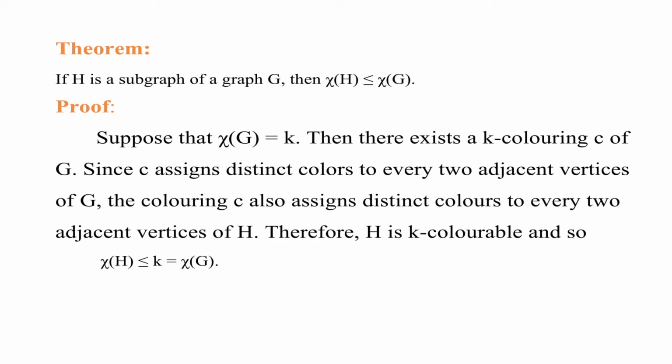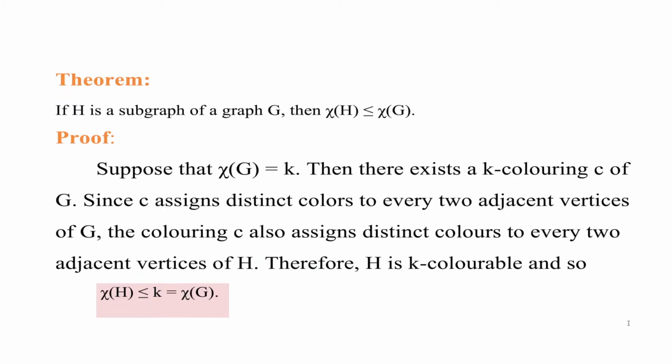Suppose chromatic number of G is equal to K, then there exists a K coloring C of G. Since C assigns distinct colors to every two adjacent vertices of G, the coloring C also assigns distinct colors to every two adjacent vertices of H. Therefore, H is K colorable, and so chi of H is less than or equal to K, that is equal to chi of G. That proves the theorem.